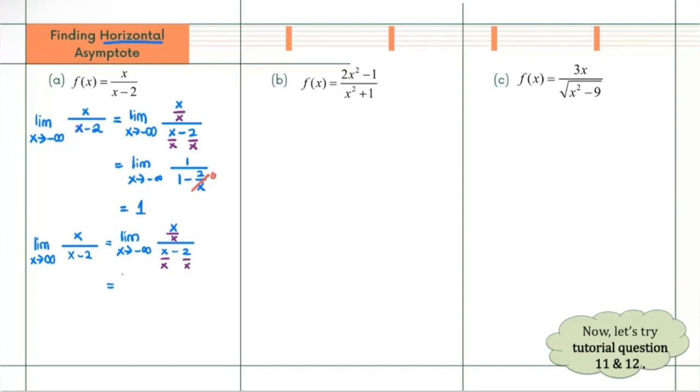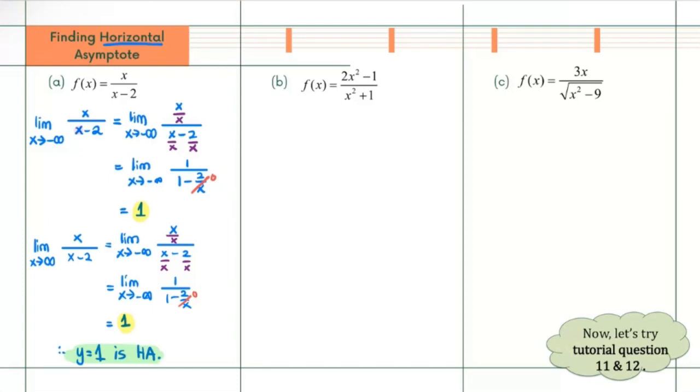Lepas itu kita tunjukkan pula ada benda yang boleh potong. 1 over 1 minus 2 over x, and here akan jadi kosong. So therefore kat sini pun kita akan dapat 1. So if you can see here, the value kat sini kita dapat both 1. So therefore y equals to 1 is horizontal asymptote. So that is our conclusion.